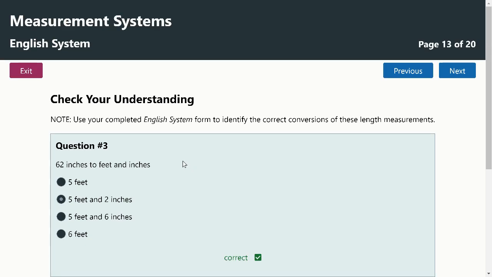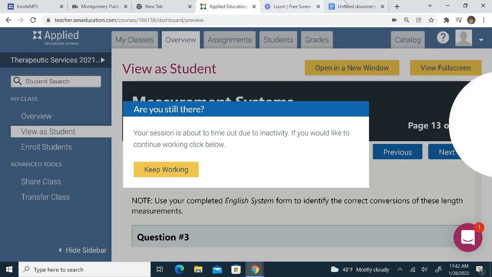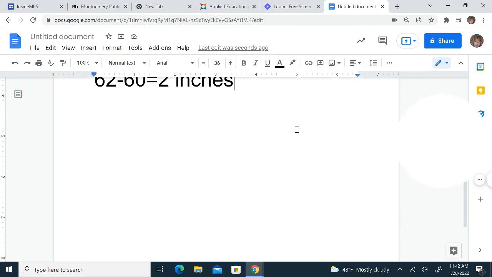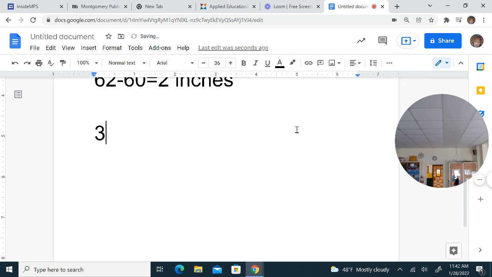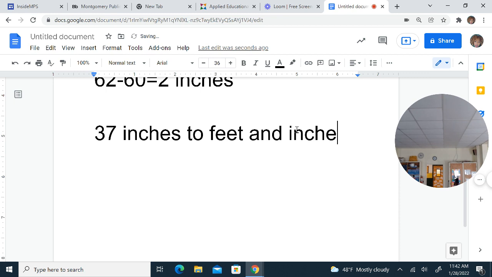We'll do it anyway. So we got 37 inches to feet and inches. So the conversion we're going to use is 1 foot equals 12 inches.